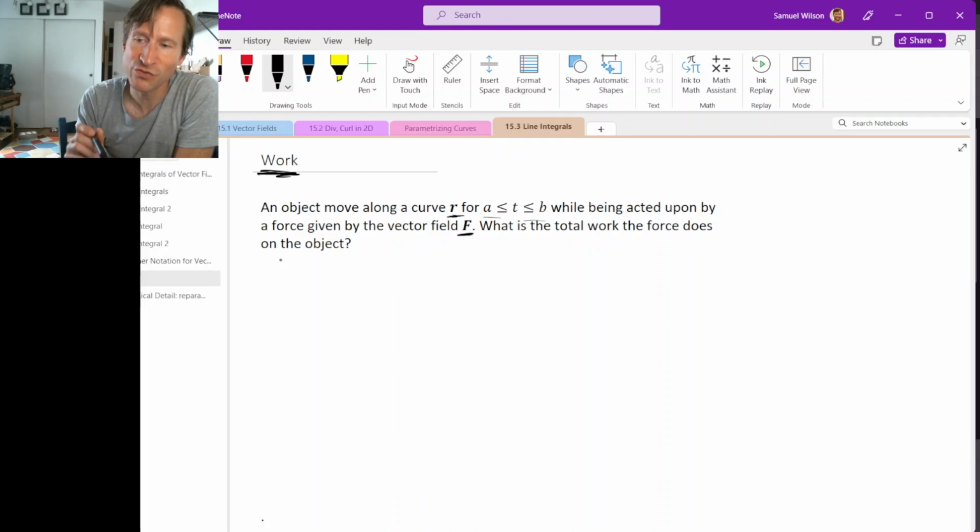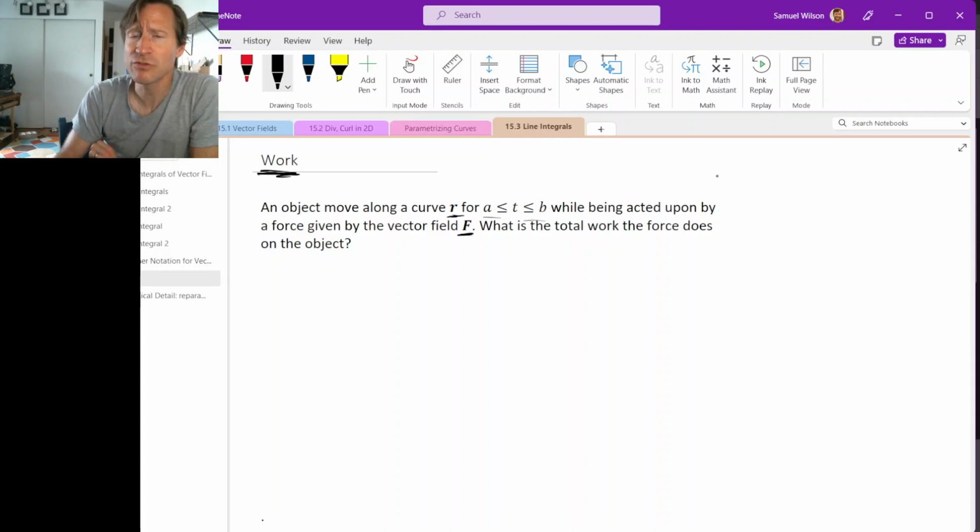If the force from the force field were the only force acting on the object, and we wanted to know what motion that caused, that would give us some differential equations to solve. So that's a different kind of problem. So we are not assuming that the motion of the object is caused by the force. Still, as the object moves, the force does some work, and that's what we want to compute.